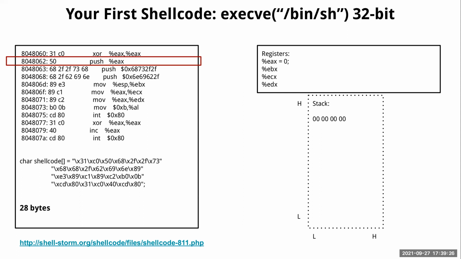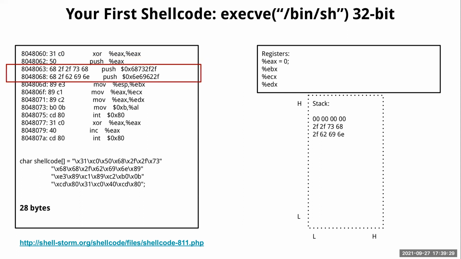Then we push those 2 string values there. They look quite random, but they're not. Let's try to understand their location first. This is the value, and the 2F is the least significant byte. Then another 2F, 7368. 68 is a higher address, right?